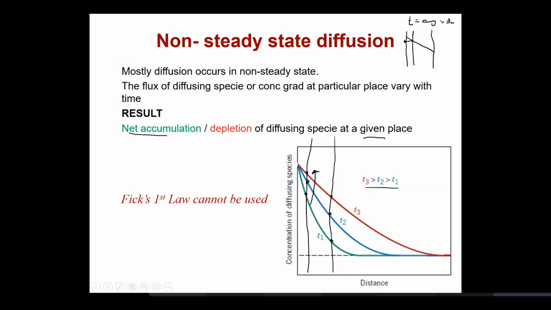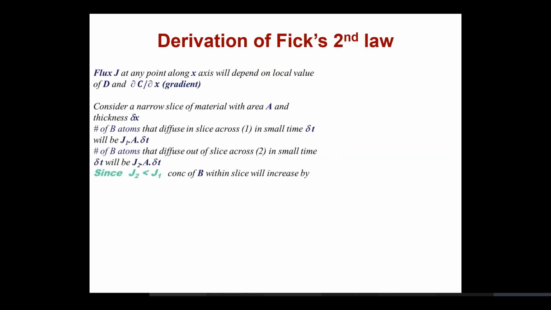That's the difference. So now let's start to look into how we can develop a relationship for Fick's second law. It says flux J at any point along the x-axis will depend upon the local value of the diffusion coefficient and the concentration gradient. Now, if you remember, this is the equation for flux, which says the flux is dependent upon diffusion coefficient and the concentration gradient.